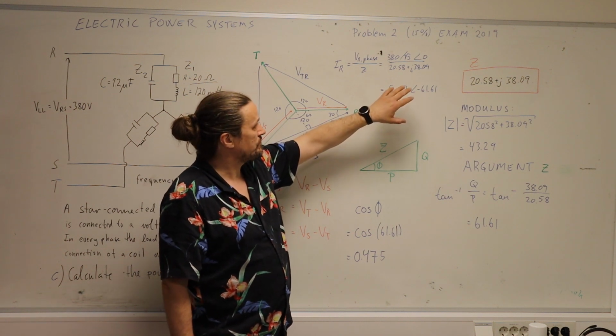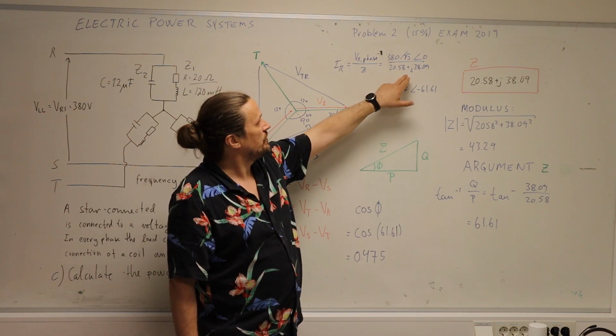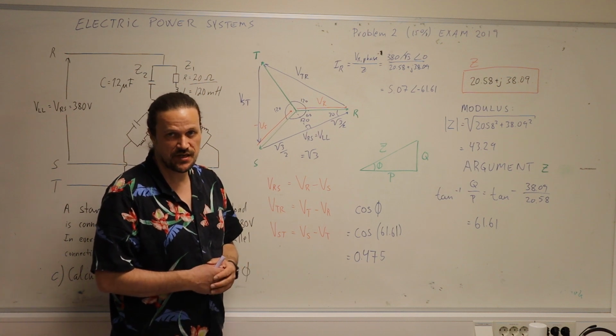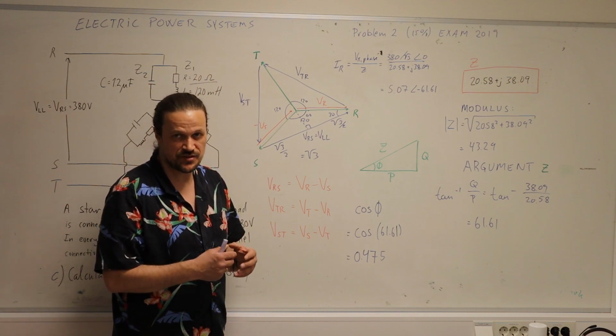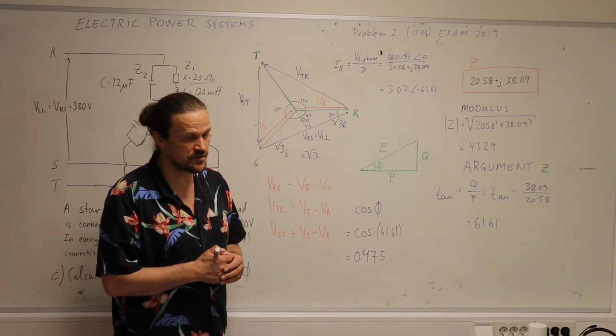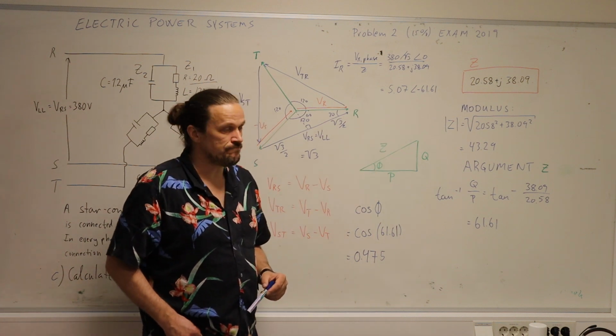And that is known because we have the impedance. Another piece of information from this impedance is that it's a positive impedance, which means that the circuit is in its natural state an inductive circuit, and it will then lag the voltage.